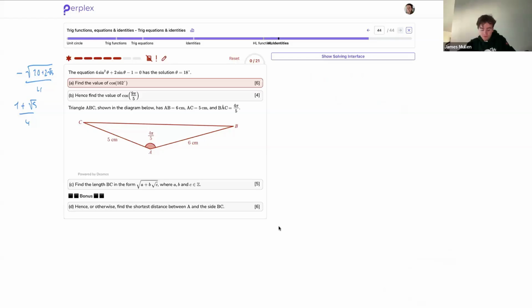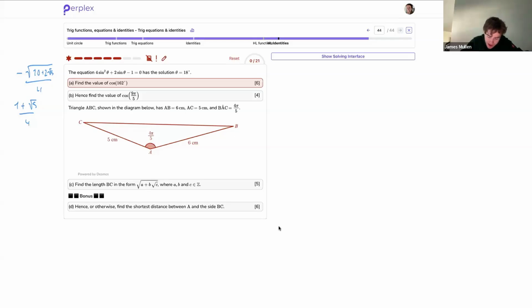Now we're looking at part C, and we're trying to find the length BC in the form square root of A plus B root C all square rooted. Okay, so I have a triangle with a side length of 5, a side length of 6, and the angle 4 pi over 5 there in the middle. All right, so how am I going to do this?